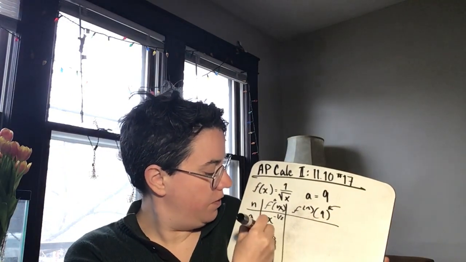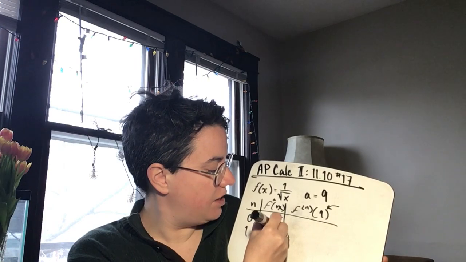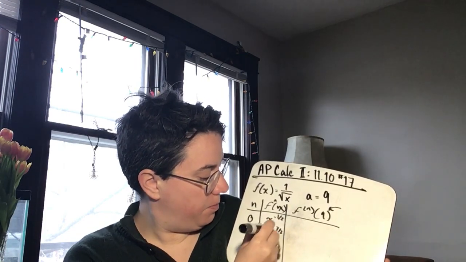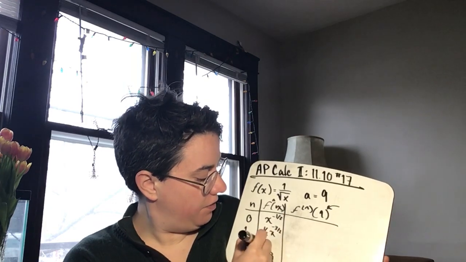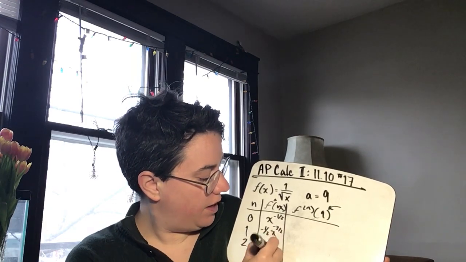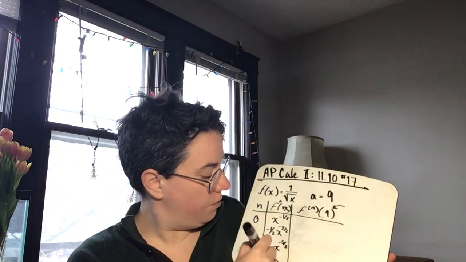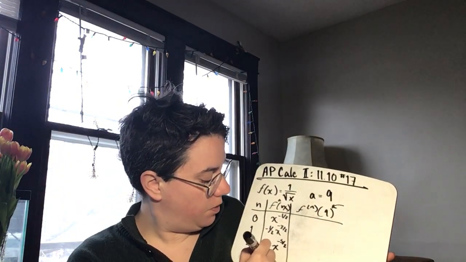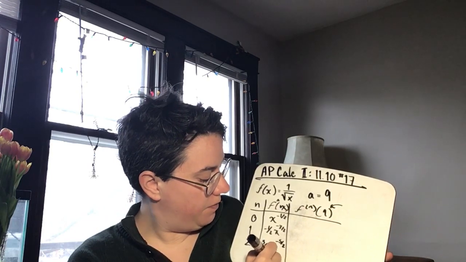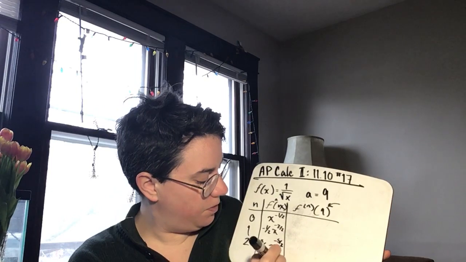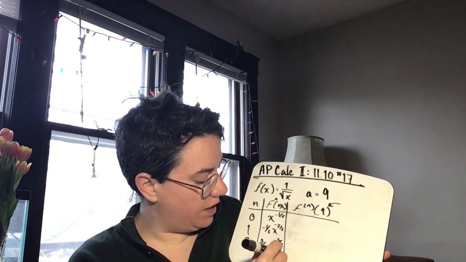So for 1, that's negative 1/2 x to the negative 3/2. For 2, that would be positive 3 over 4 x to the negative 5/2. And so hopefully we're ending up with 1 times 3 times 5 over 2 times 2 times 2, x to the negative 7/2.